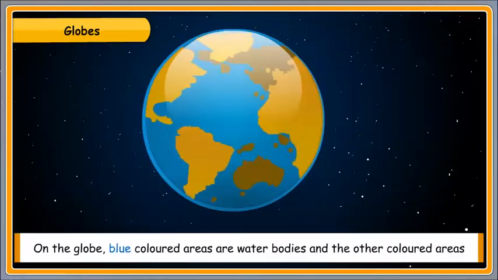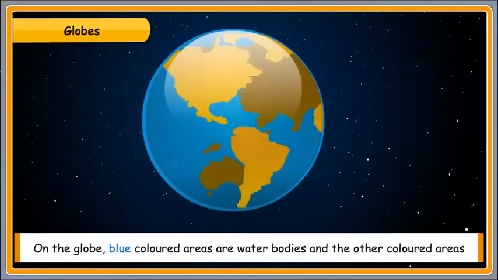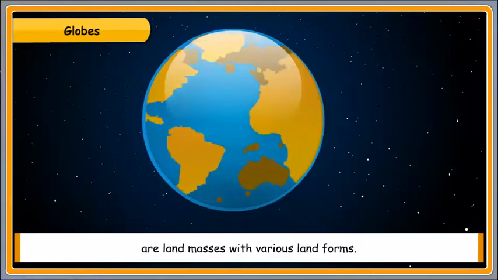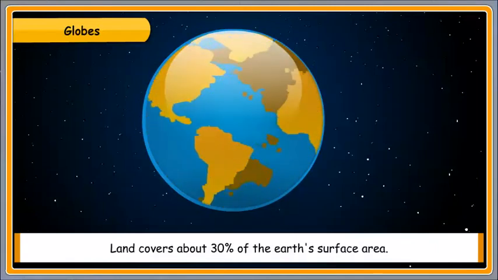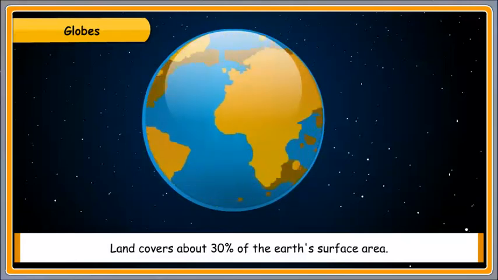On the globe, blue-colored areas are water bodies and the other colored areas are land masses with various landforms. Land covers about 30% of the Earth's surface area.